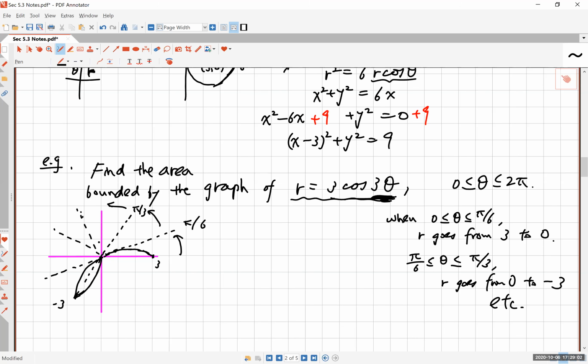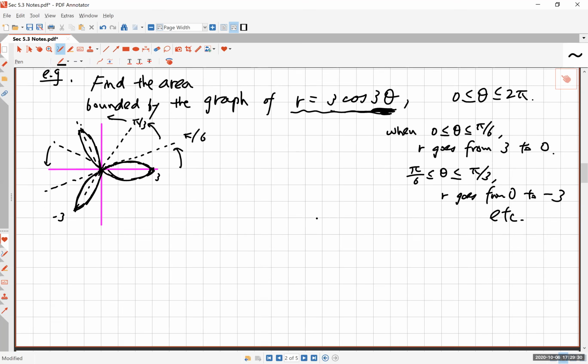This also becomes 3 and then goes back to 0, and then from here to here it's back in here. And then the second time around, as theta goes from pi to 2 pi, it just repeats the same thing.